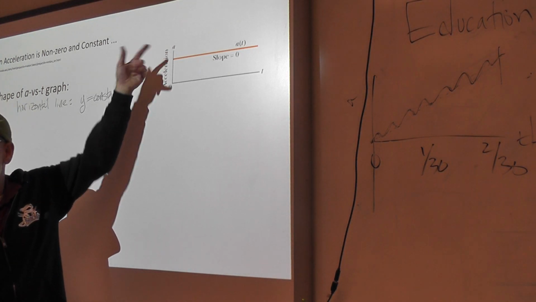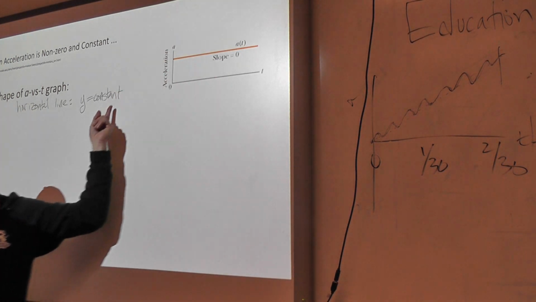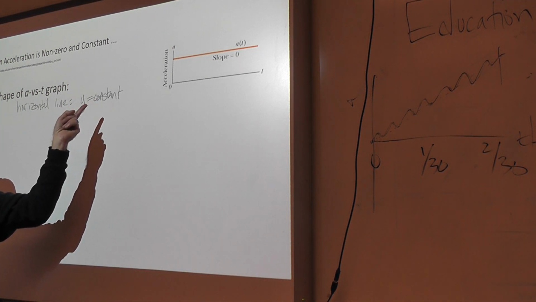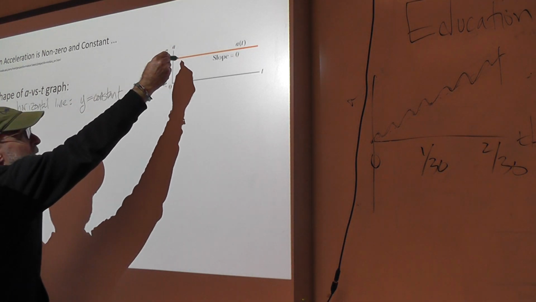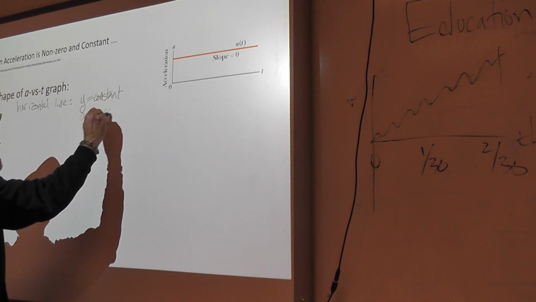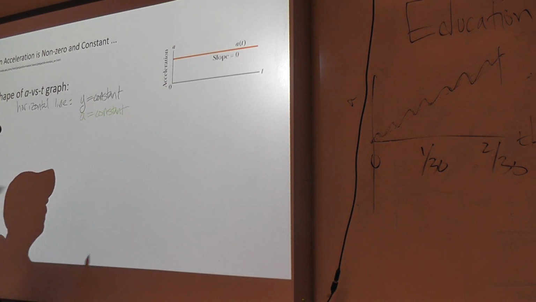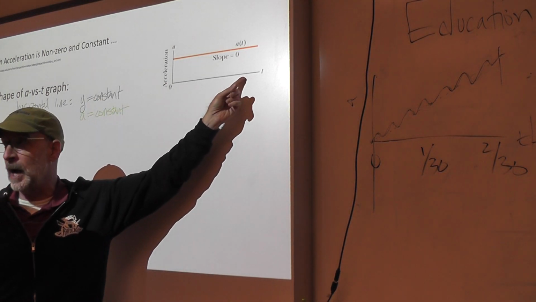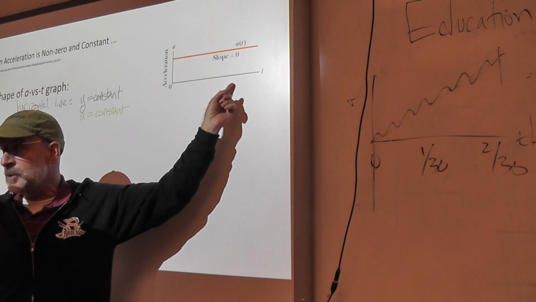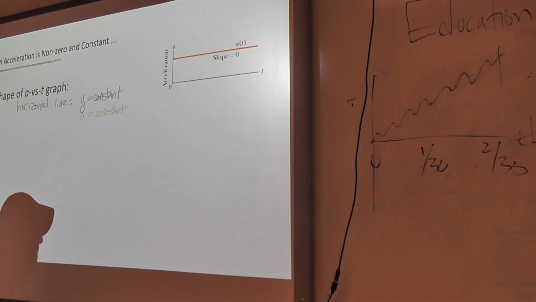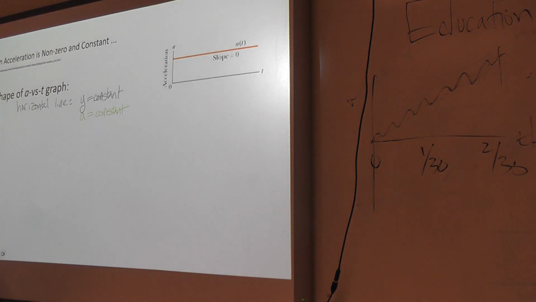Specifically for this graph, the y-axis is acceleration. The x-axis is time, but our x-axis variable doesn't show up in the equation for a horizontal line. So this graph right here is telling us that the acceleration is going to be a constant value no matter what time it is, no matter how much time has gone by since we started making observations, the acceleration is always going to be the same, perfectly horizontal line.